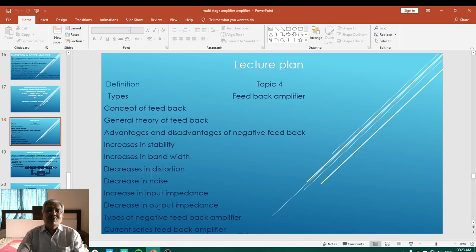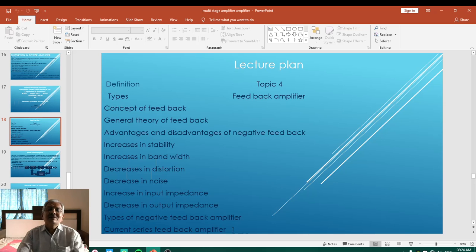After that, we are going to cover types of negative feedback amplifier. Friends, at the beginning we have studied the types of feedback in amplifier. Now we are going to study types of negative feedback in amplifier. In that, we are going to study details regarding current series type of feedback amplifier.